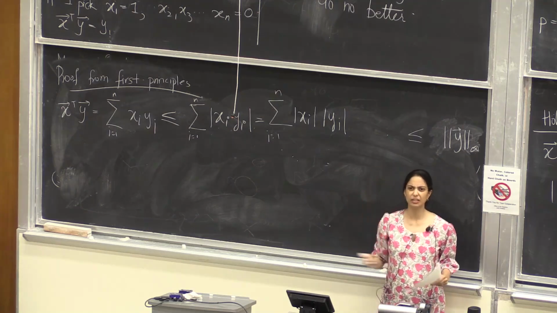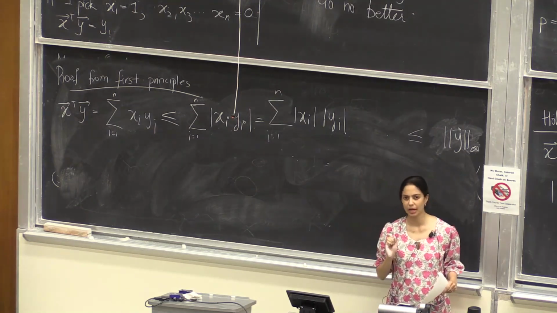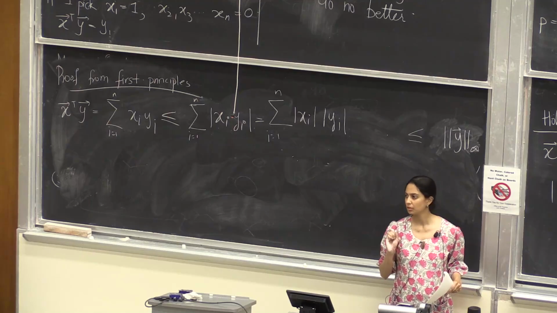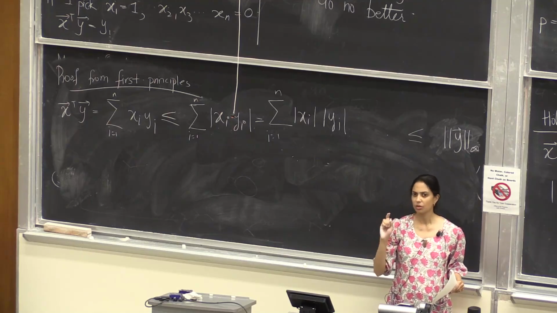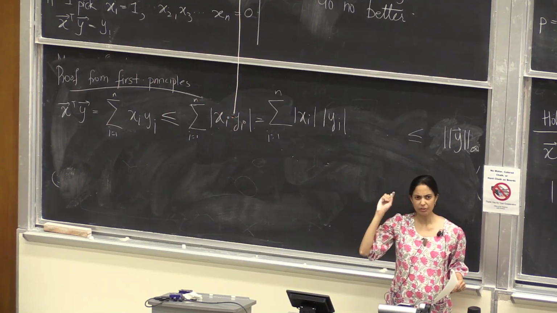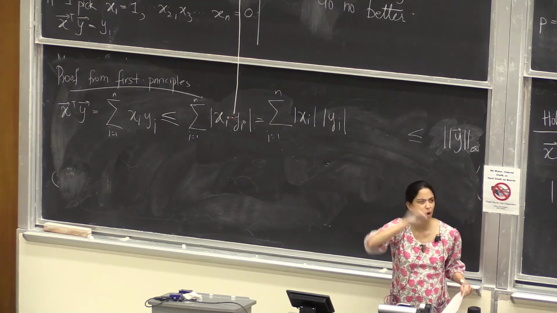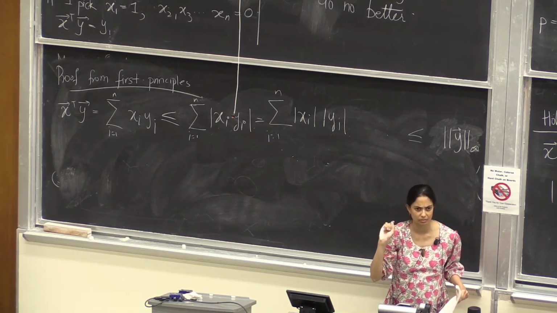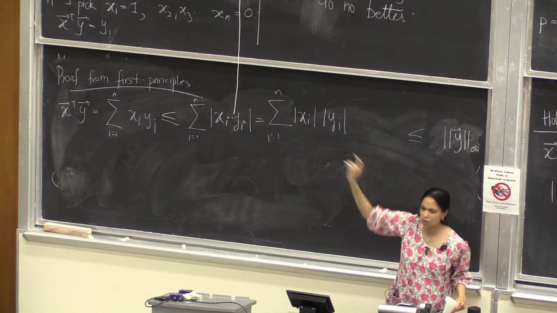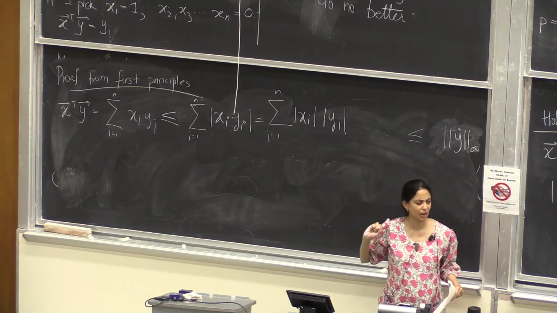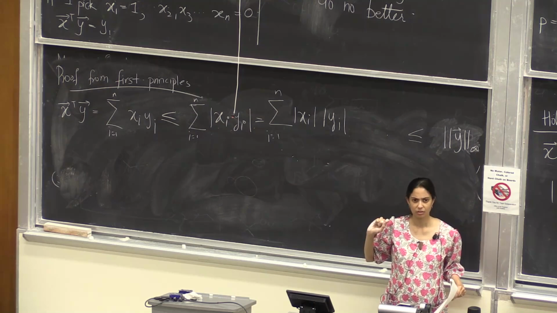What would be nicer than having a lot of different yi's multiplying every single x? What if we had instead the same yi multiplying all of these x's? Could we then use the information we have about the sum of the absolute values? We could, right?